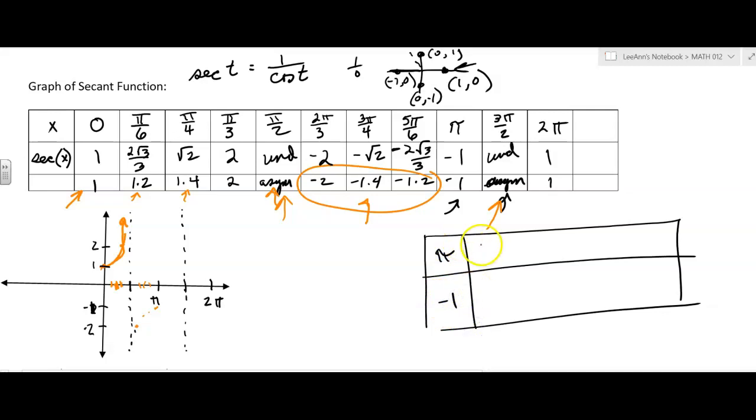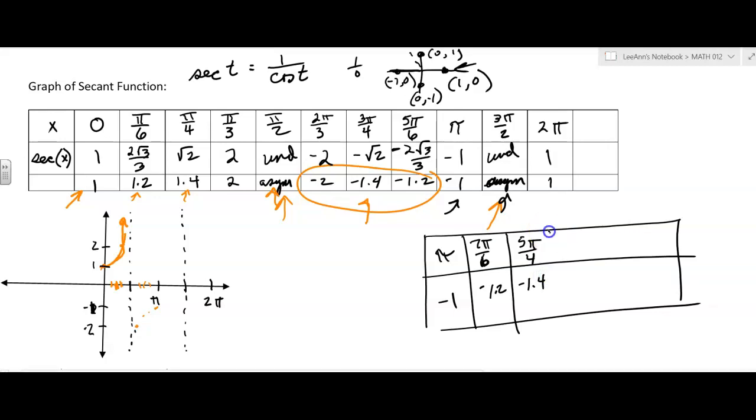And then it's going to be 7 pi over 6, and that's going to be -1.2. And then you're going to have 5 pi over 4, and that's going to be -1.4. Now, why are these negative? Because you're in the third quadrant. So x is going to be negative. That means secant's going to be negative.